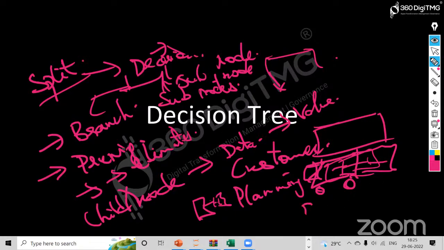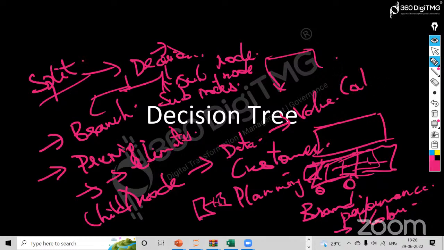Is it the brand he is looking at, or is it the performance, or is it the color, the category of a vehicle, right? So these are a few things that he should be looking at.